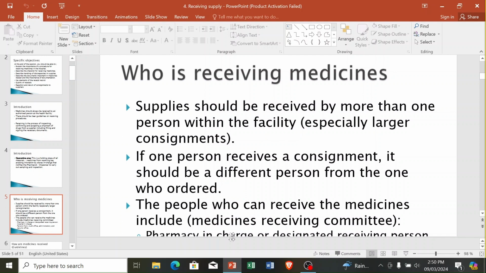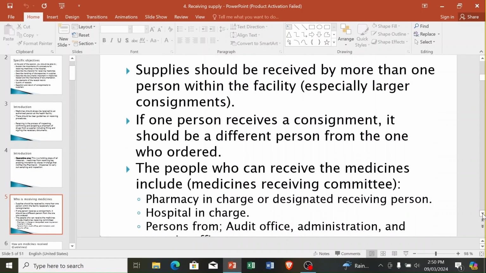The persons who can receive the medicines include the medicine receiving committee. So let us see who is in the medicine receiving committee. We have the pharmacy in charge, or personnel who have done pharmacy, such as a pharmacist or a pharmacy technician, or designated receiving persons. Other facilities or other countries may have designated receiving persons, so we need such a person to be present.